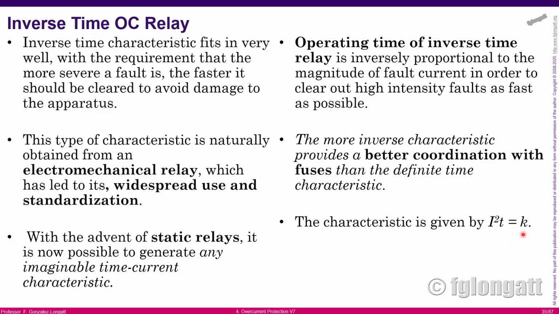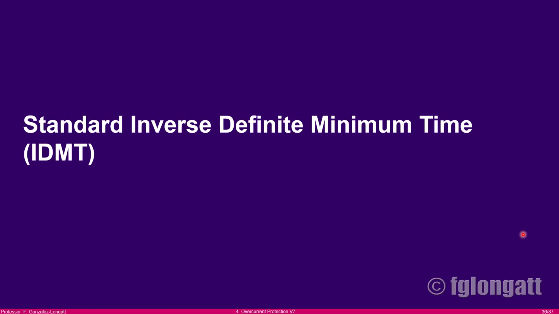As I explained in the class about relay operation, the inverse characteristic follows something like the equation that I am pointing out over there, where the relationship between current and time is based on a constant. Okay. What I will do now is talk about the standard inverse definite minimum time, what we call IDMT.